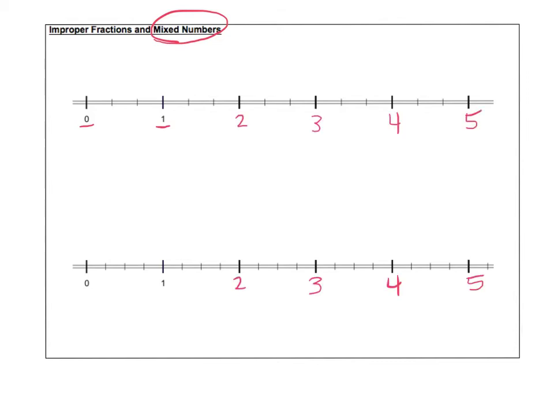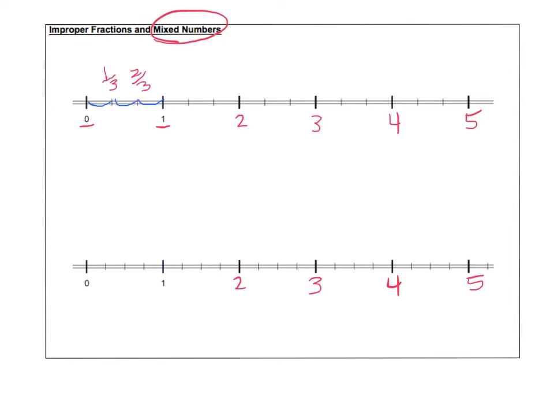Okay, so now we have our whole numbers on our number line, and we need to add in our fractions and mixed numbers. So we know that the fractions between 0 and 1 will be regular fractions. There are 3 spaces between our 0 and our 1, which means that the first line will be 1/3, second line will be 2/3.